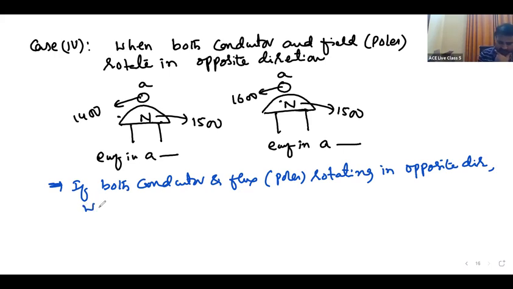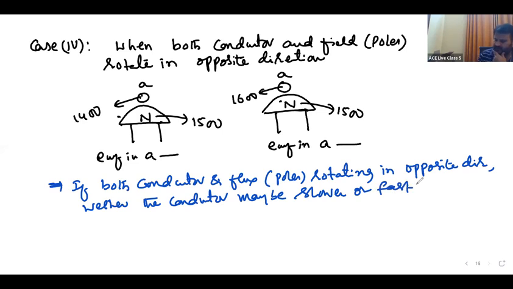Whether the conductor is slower or faster, no assumption is required.